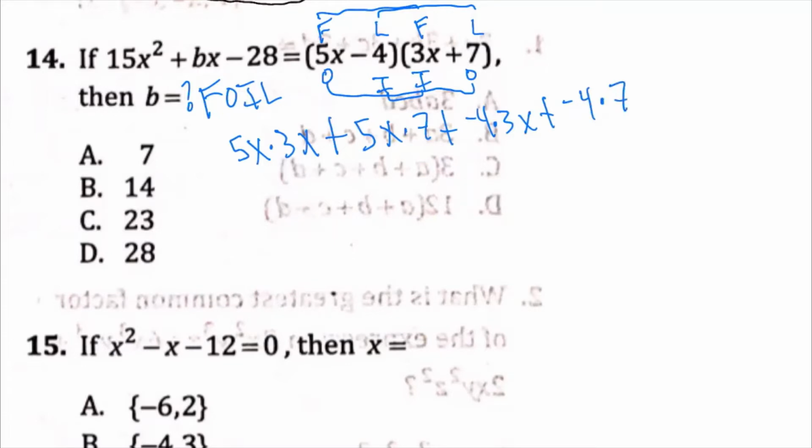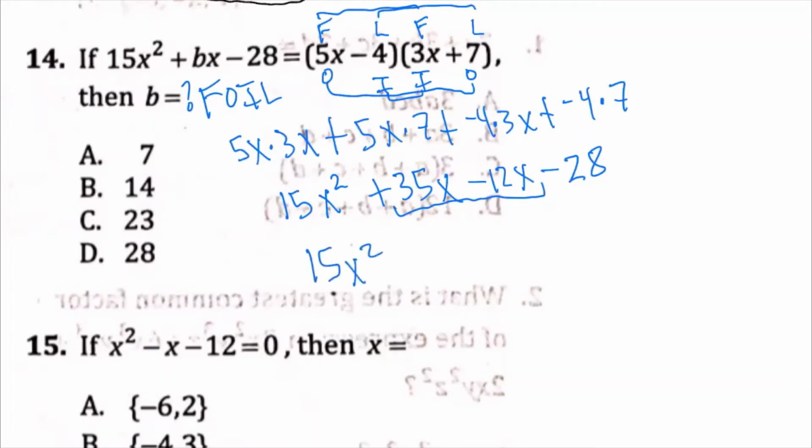So 5x times 3x is just going to be 15x squared. Now, if you notice real quick, we end up with something like this, but with the b value. So 15x squared, then 5x times 7, which is just 35x. And then negative 4 times 3 is negative 12x. Minus 4 times 7 is 28. And now we simplify this to find our b. So we're going to have 15x squared.